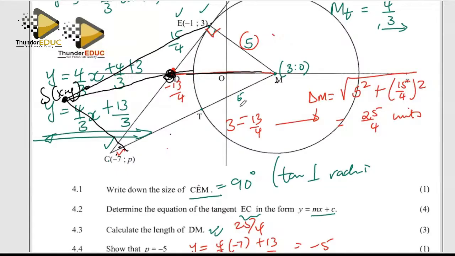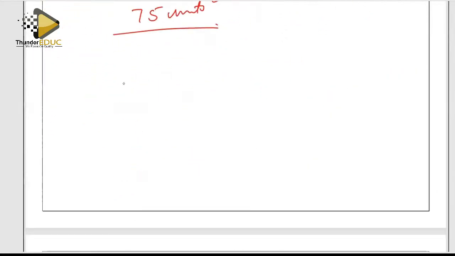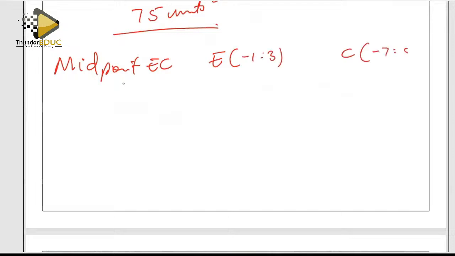So the midpoint of EC, whereby we know that E is negative 1 and 3, and then C, they said negative 7 and 5. Is that correct? Okay, so let's plug that in and we see.